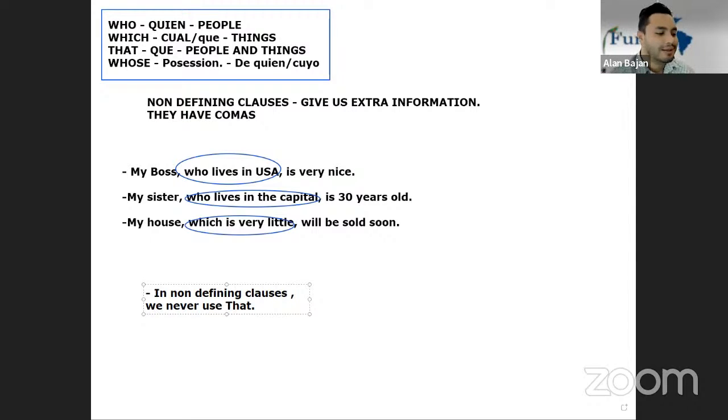Excellent. My dog, which is so aggressive, was so calm during our walk. Excellent example. My brother, who is a police officer, is very serious. Very good.